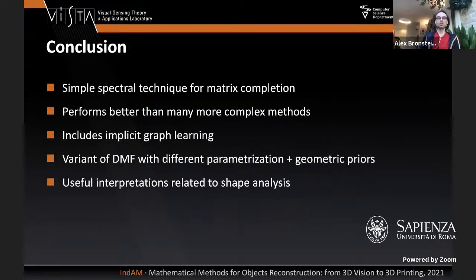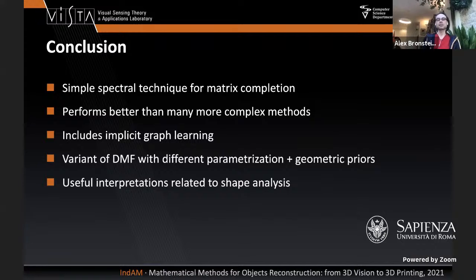So I would like to conclude. It started as a corollary of our work on intrinsic shape correspondences, but actually grew into an independent research direction. What I presented is a simple, I would even dare say trivial, extension of deep matrix factorization using a spectral formulation.